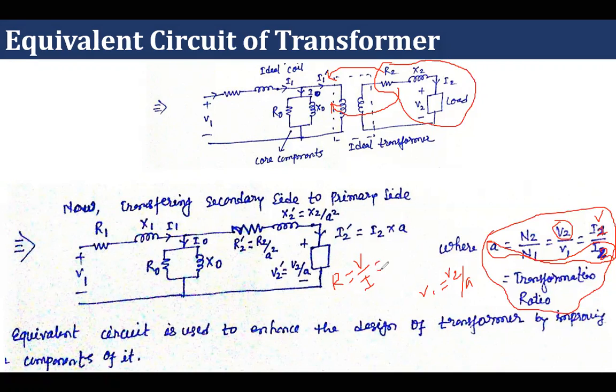If I transfer the voltage, like I am finding the primary side resistance, then this voltage must be divided by A, and current must be multiplied with A. So basically this R is going to be divided by A square. This V upon I is equal to R, and this A will be multiplied, so this is finally going to be R upon A square.